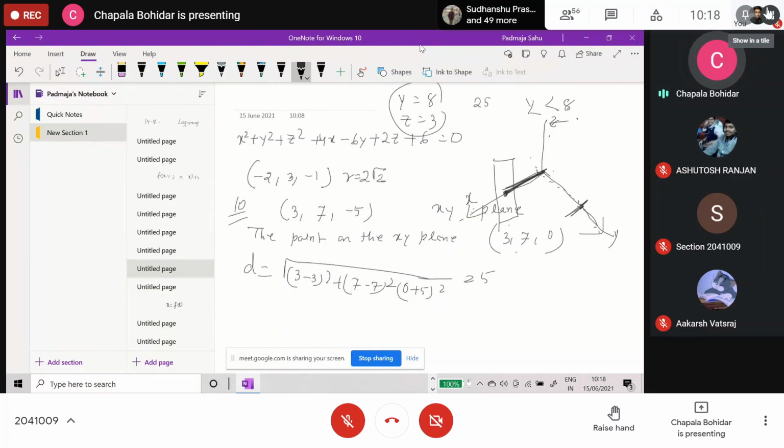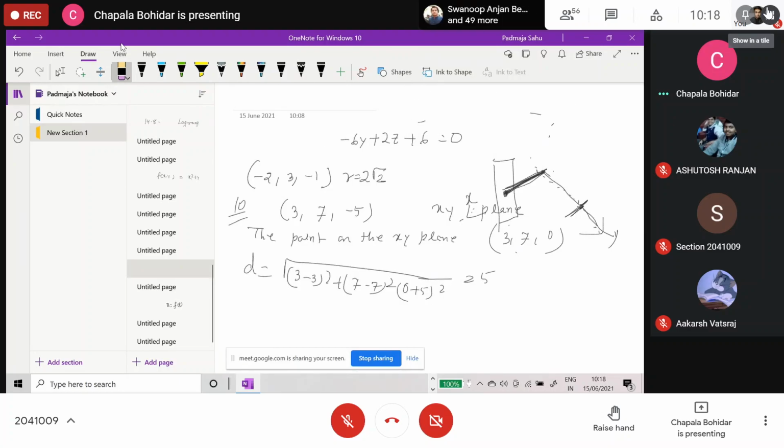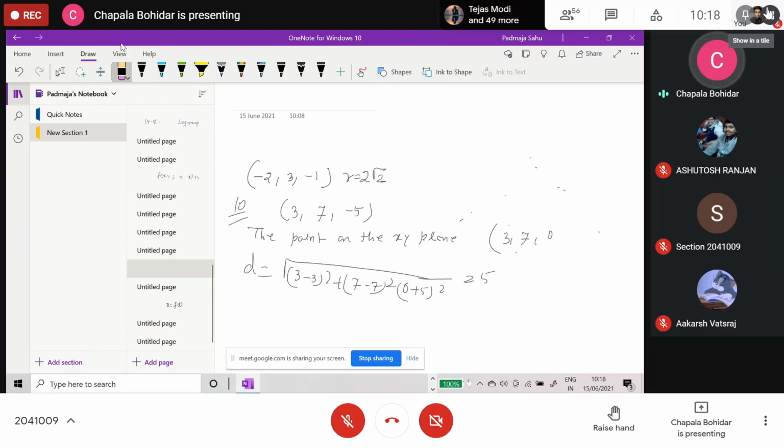I think I have done this question, from the point A, given as -1, 5, 3. I'm going to omit it. I have done this question in class. Important question.